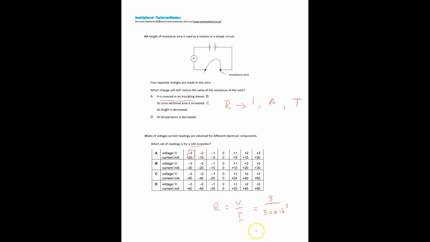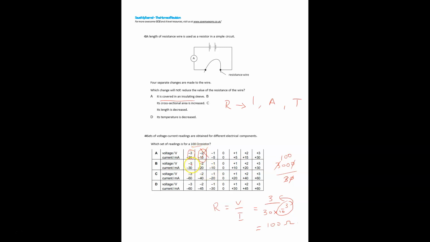If you use a calculator, it gives you 100 ohms, because when milli goes up, it will be 3000 divided by 30. Cancel this. So 100. So here 2 divided by 15 will not give you 100.